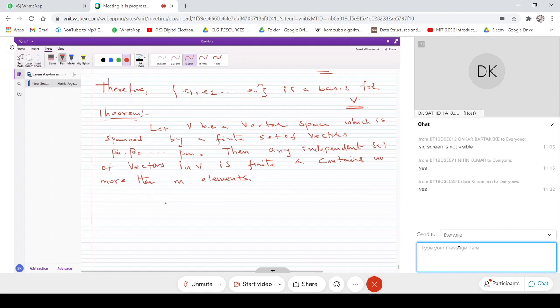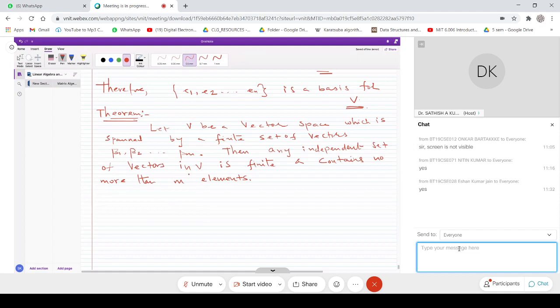Instead of showing that a linearly independent set has only m elements, you take more than m elements and show that the set is linearly dependent. That is another way of showing it, because there are many ways to prove something in mathematics.